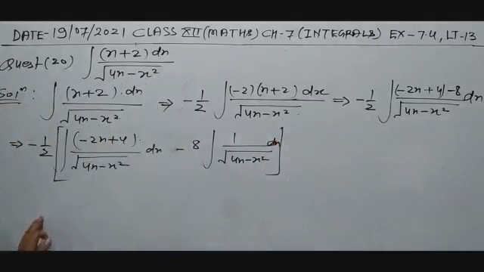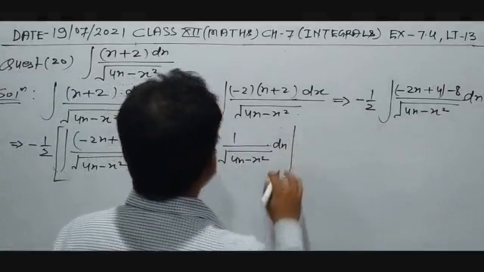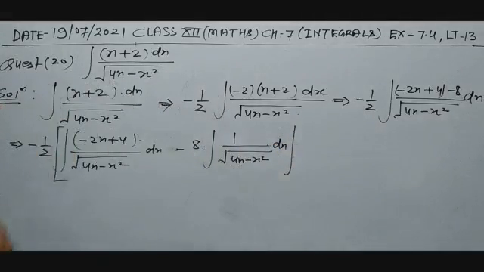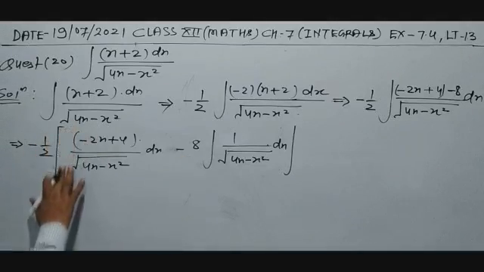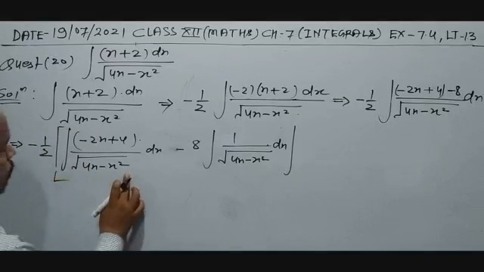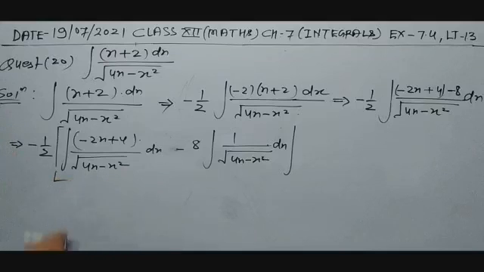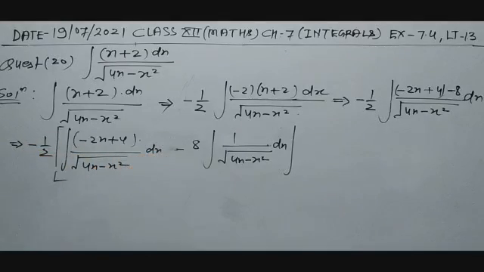Now bracket closed. You can integrate the first part easily when you consider t equal to 4x minus x square, so minus 2x plus 4 dx is dt.